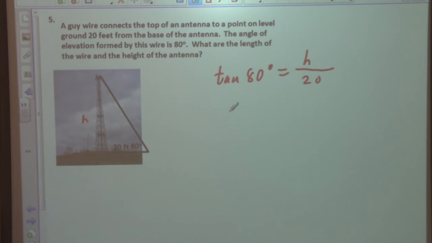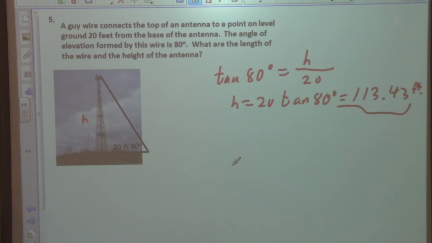And then I multiply by 20, so 20 times tangent of 80 degrees, which equals 113.43. And that's going to be feet? Yes. Okay, your opposite side. So that's going to be the height here.